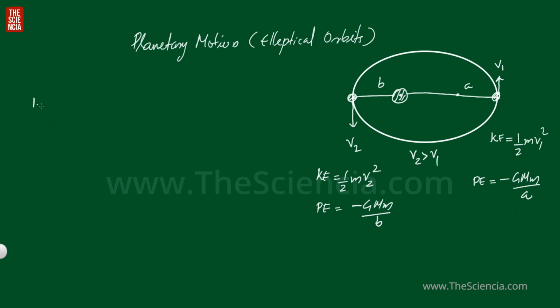Now I am going to find out the law of conservation of energy for planetary motion. That is, its energy at position a will be equal to its energy when it is at position b.